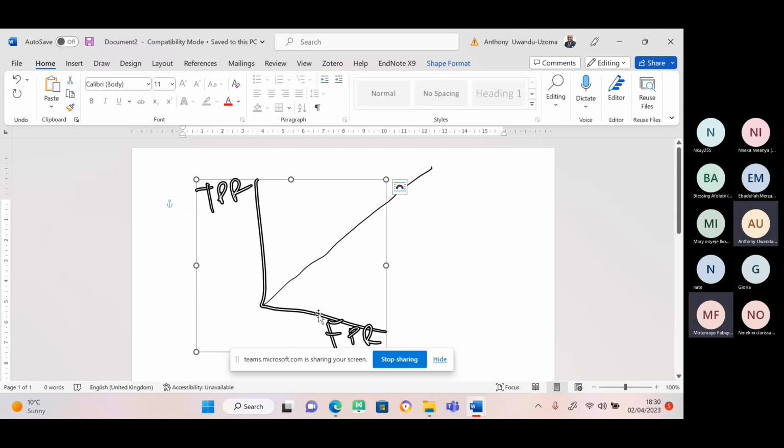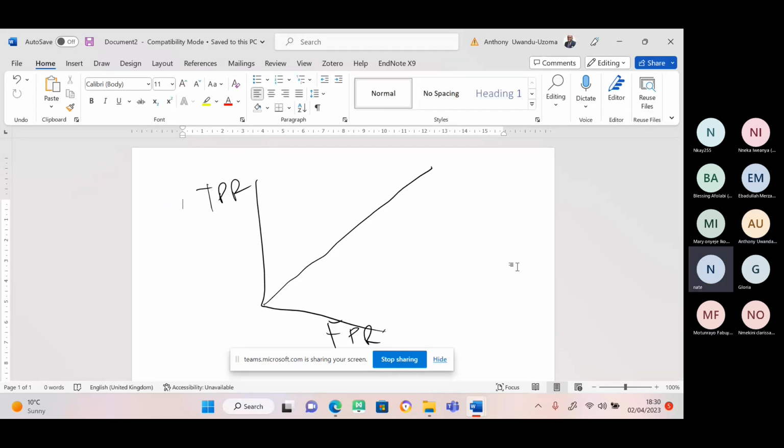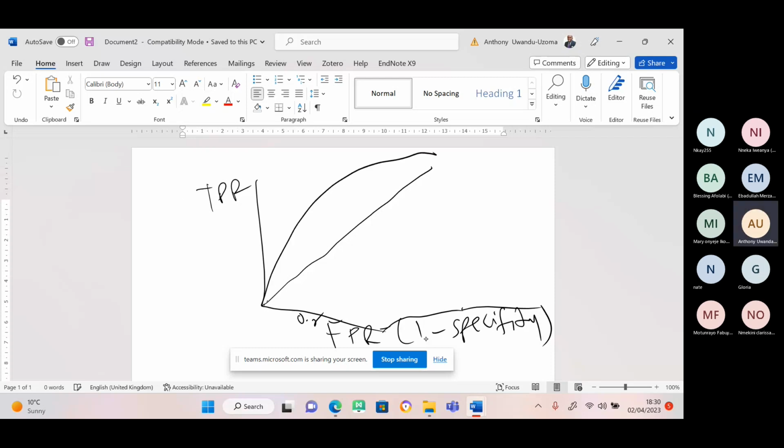Okay. So I don't know if anybody gets what I'm saying. I understand what you're saying. Wait, let me write this thing again. Good. So here now, let's say we have 0.2, and here is 1. So let's say we have 0.9.